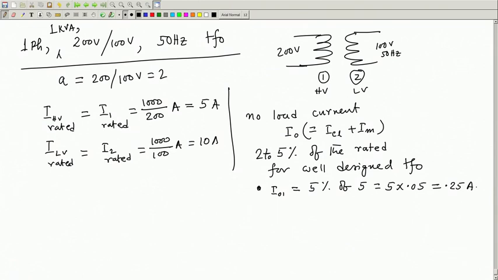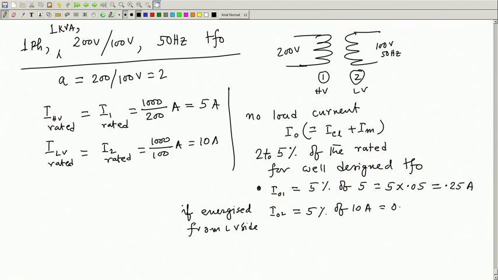Same transformer, if you energize from the LV side, the no load current will be I naught 2, which is 5% of 10 ampere.